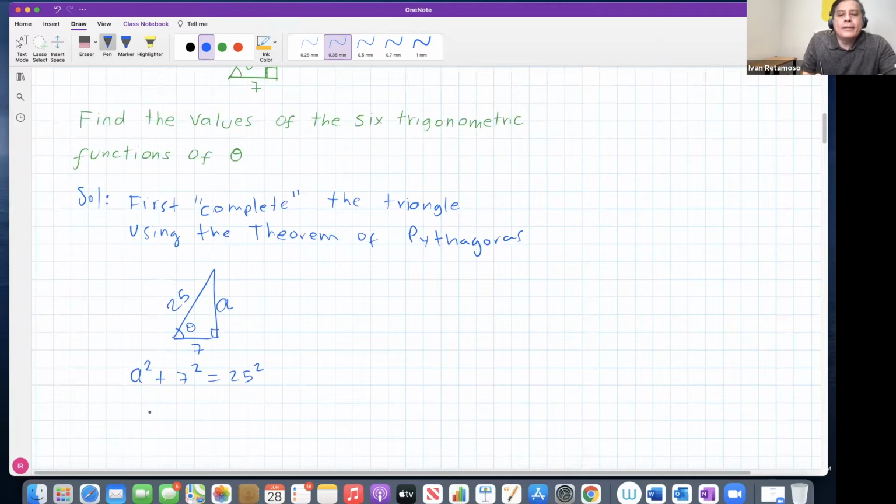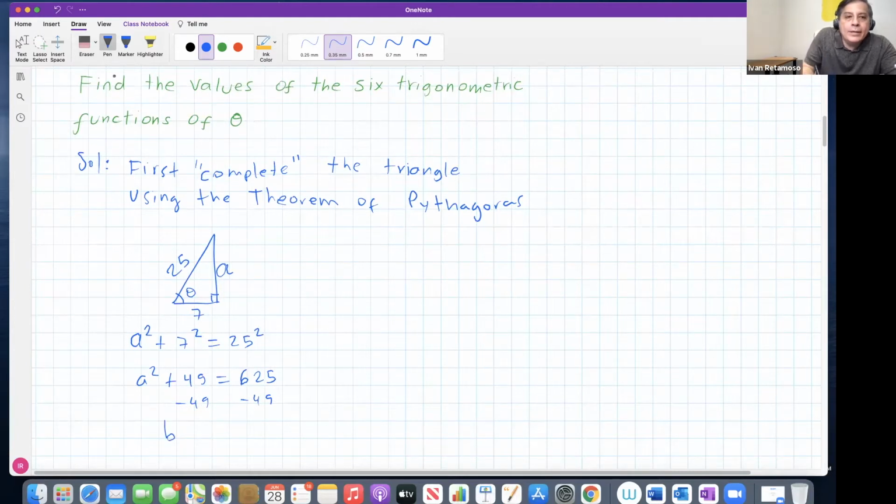From there, this is 49. 25 squared is 625, right? You can check that with your calculator. Subtracting 49 from both sides, a squared equals this difference, which is 576. And once you take the square root of 576, what you are gonna get for a, the side length I was missing, is 24, right?